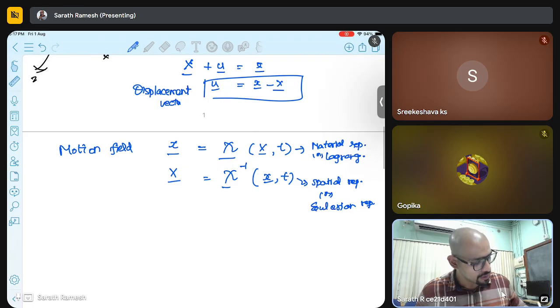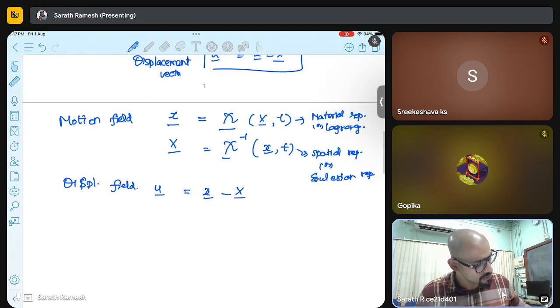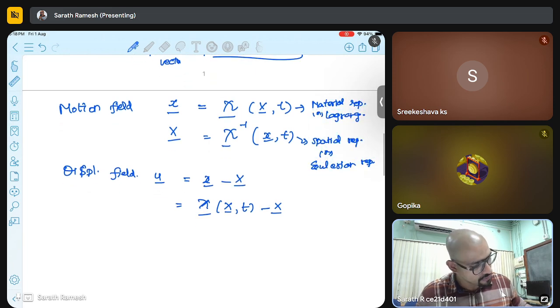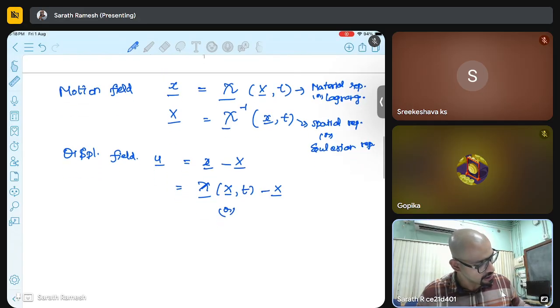Now, the displacement field is nothing but that u vector. U vector is small x minus capital X. In terms of the reference configuration or material representation, I can write psi of capital X comma t minus capital X. Or in terms of spatial representation, we can write small x minus psi inverse of small x comma t.